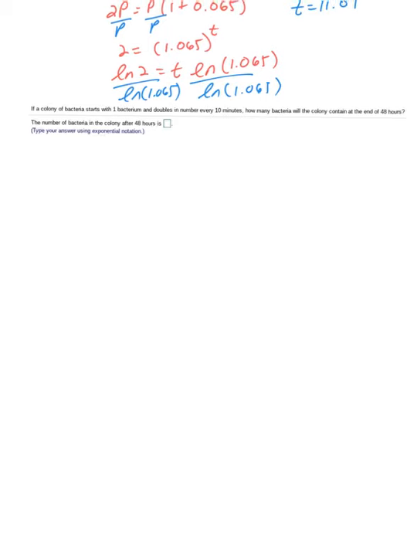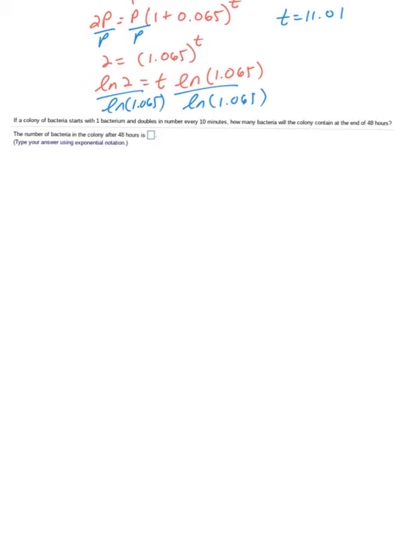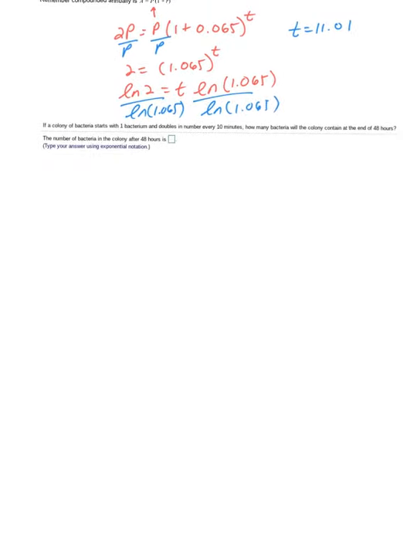If a colony of bacteria starts with 1 bacteria and doubles every 10 minutes, how many bacteria will the colony contain at the end of 48 hours? So I started off with this one kind of modeling for myself that at t is 0, we have 1 bacteria. At t is 10 minutes, we now have 2 bacteria.